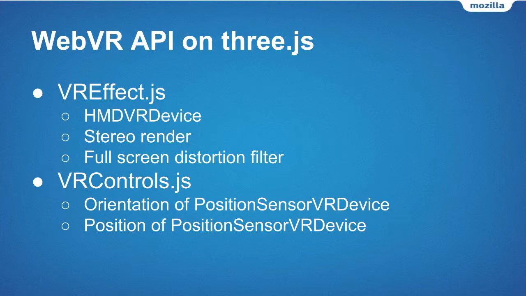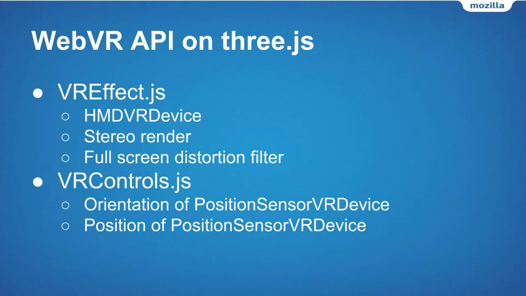Okay, on three.js there are two modules for us. The first module is VREffect.js. With this code, we can get the VR device, the head-mounted display device, and it can support stereo rendering and the full screen distortion filter.